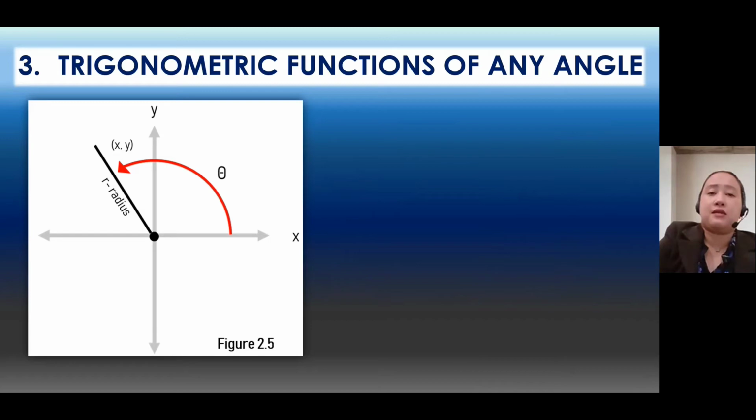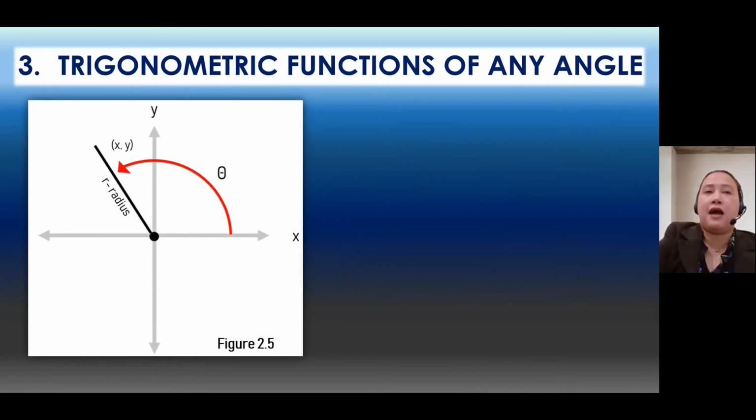You can see the x and the y, and then considering a point which can be on any of the quadrants, you have to identify the coordinates of the said point, the x and the y. These are also called abscissa for x and ordinate for y.